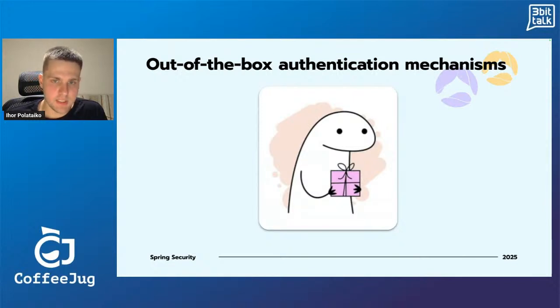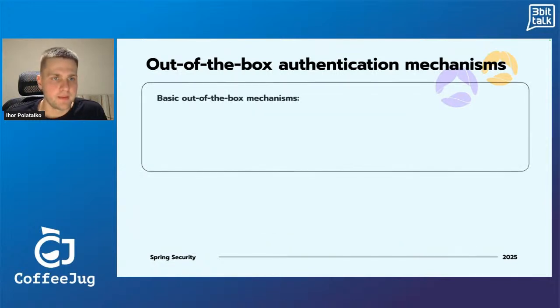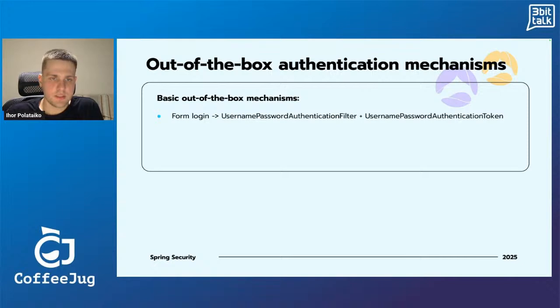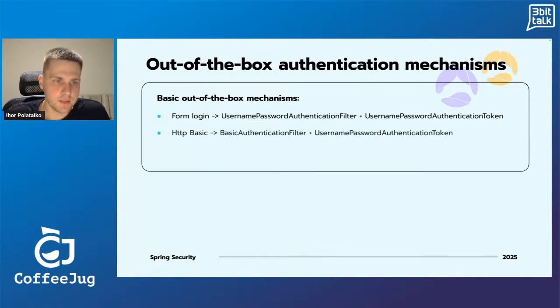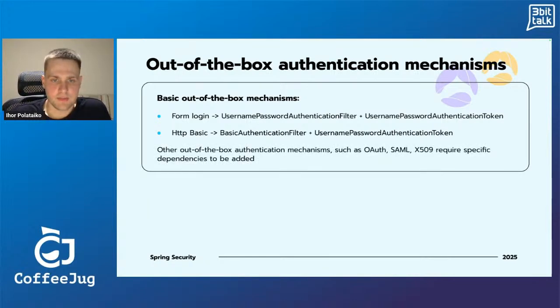And among such mechanisms are form login, which would register its own filter, UsernamePasswordAuthenticationFilter, and it has its own authentication implementation, UsernamePasswordAuthenticationToken. Also among them is HTTP Basic, which would register BasicAuthenticationFilter and also would leverage the UsernamePasswordAuthenticationToken implementation of Authentication. Other out-of-the-box authentication mechanisms are available, such as OAuth, SAML, X509, but they require specific dependencies to be added to the project.